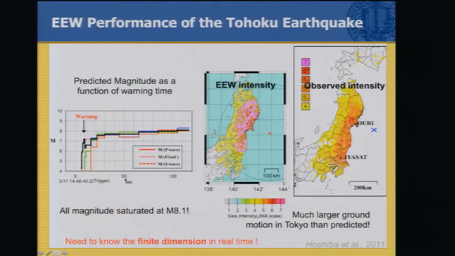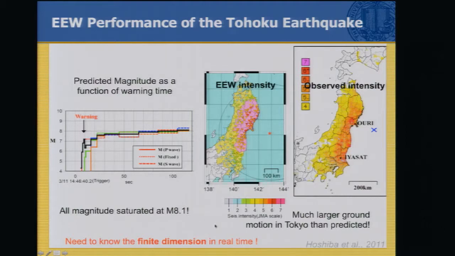Nakamura-san earlier this morning talked about the performance of the EEW system for the Tohoku earthquake. One of the key pieces of information is that using the seismic approach only, we tend to underestimate the magnitude. This figure shows all the estimates, and it's saturated at 8.1.